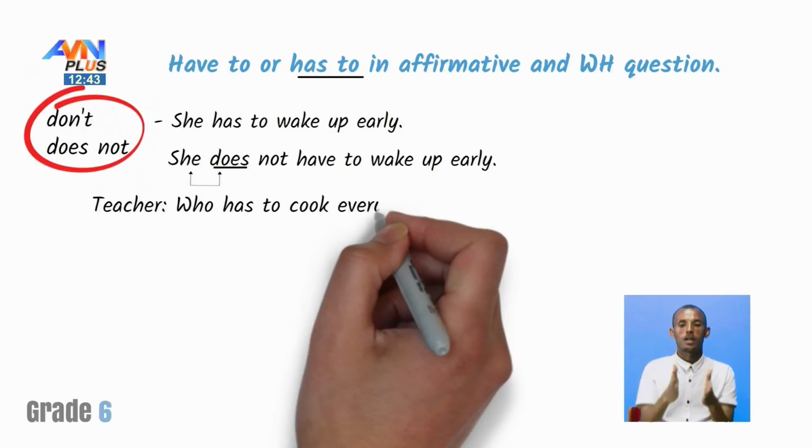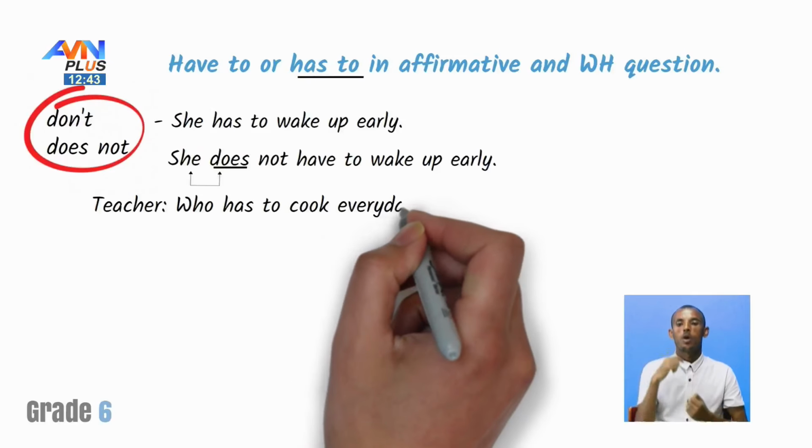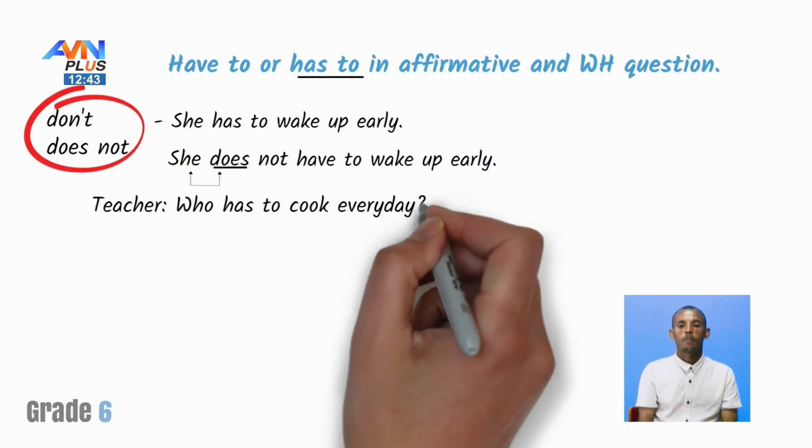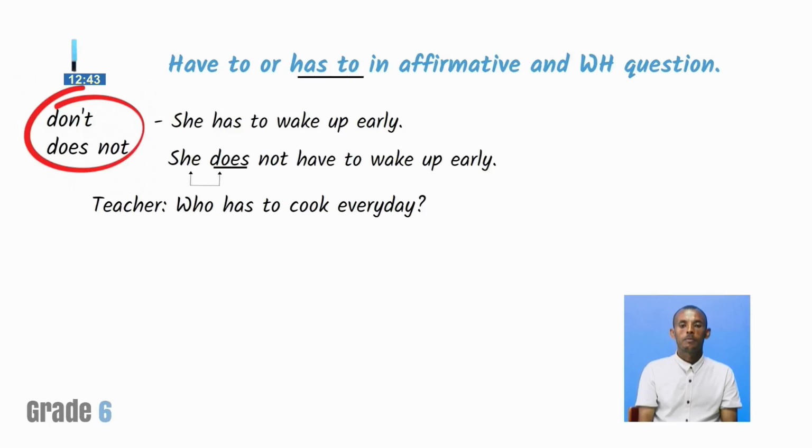Who has, since our teacher is simply asking for one person, yeah? For one person, then instead of have, we use has. Who has to cook every day?